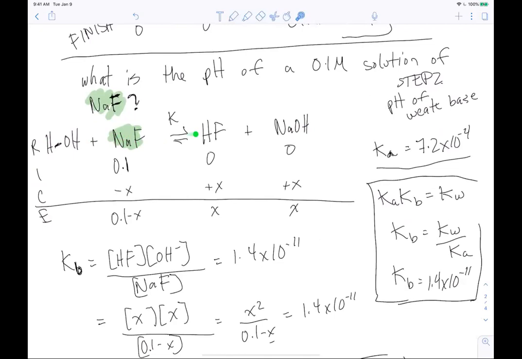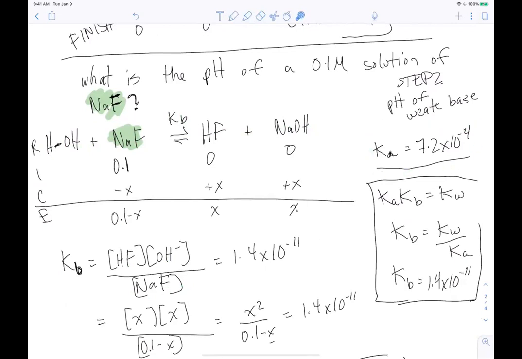This reaction that I've written here is an expression of Kb. When you write out the equilibrium expression for it, what you get is Kb equals HF times OH minus over sodium fluoride. If I'm given the Ka, that's for a different thing.